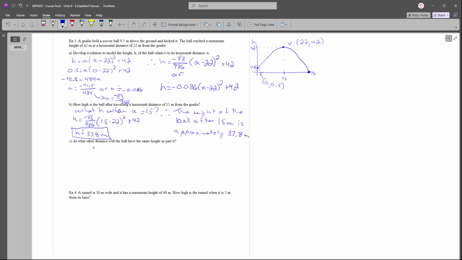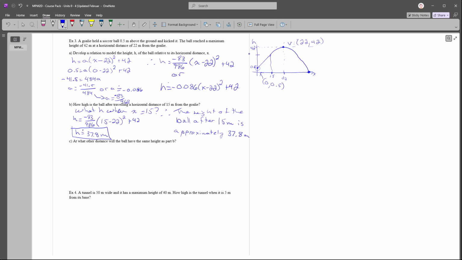Okay. At what other distance will the ball have the same height? You're like, what? How does that work? There is a number of ways to approach this problem. Now let's think about what we're talking about here. We're saying that after 15 meters, right about here, it had a height right there of 37.8, okay?